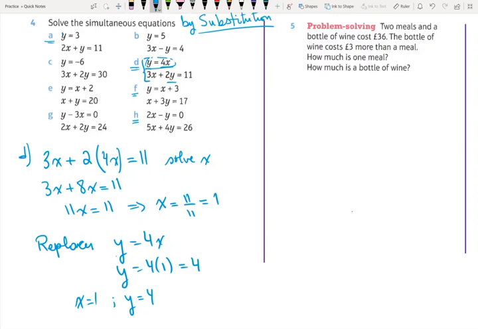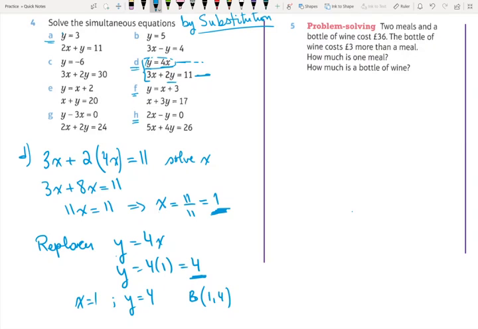So the point of intersection between these two lines, these are the equations of the lines, let's say B, is (1, 4). So algebraically, we have solved and found the values of x and y that, when you replace them in either of these equations, will satisfy the equations.